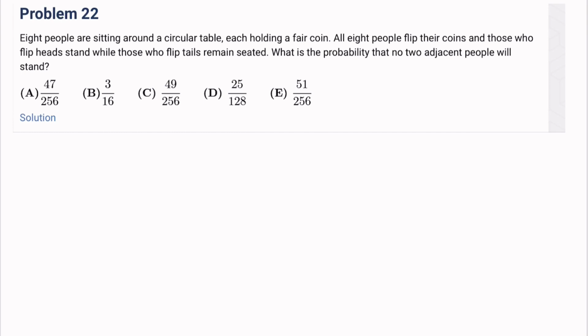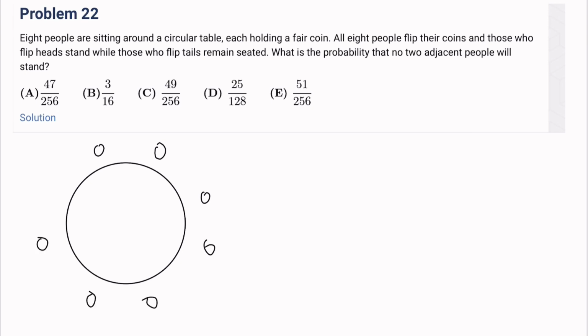Okay, so we have a circular table like that, and we have 8 people sitting around it. 1, 2, 3, 4, 5, 6, 7, 8, right? And all 8 people flip their coins.